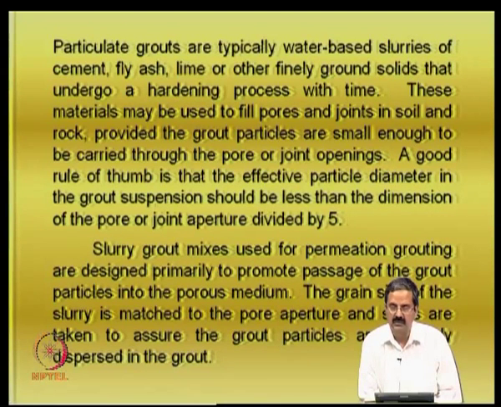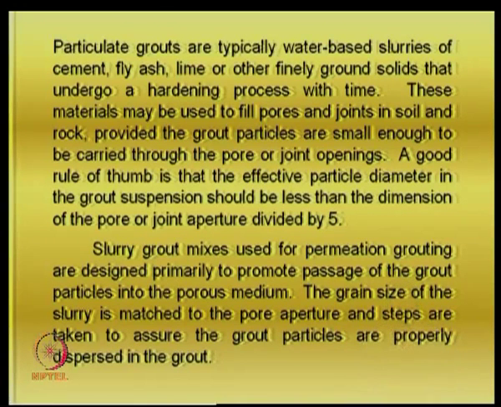So, we look at the grain size of the slurry and see that it satisfies certain criteria and has a certain relationship with the pore aperture size, so that the grain size will match the pore size of the existing soil or the rock if there is a joint.